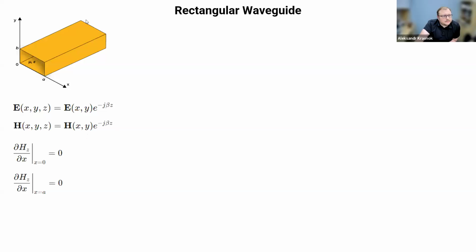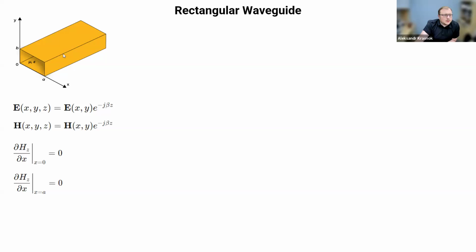All right, and typically we assume that the walls of this waveguide are made of perfect electric conductor, PEC. So it's like a perfect, very good metal, a highly conducting metal, which simply means that the tangential component of the field is equal to 0.